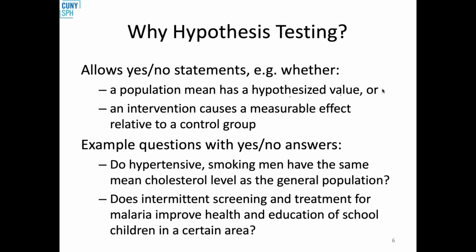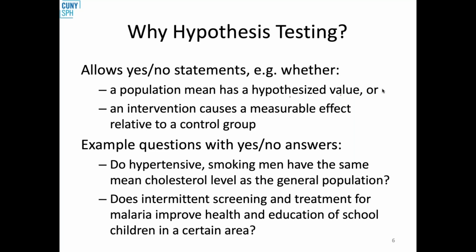For instance, if we're dealing with numerical variables, we want to know whether the mean value for population B is equal to the mean value for population A. So we want to set up a hypothesis where we make a hypothesis about them being the same and try to use statistics to prove to a high level of confidence that indeed they're different. So we're answering a yes or no question. Is the mean of this population equal to the mean of this population?